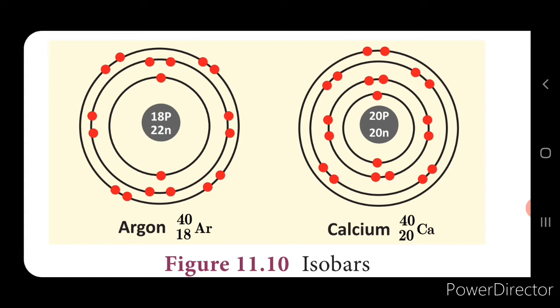When you add, you will get 40, isn't it? So the nucleons together remains 40. That is the mass number together remains 40. So the mass number for these elements is 40. The nucleons remains the same. Only there is a difference in the atomic number, and these are called as isobars.